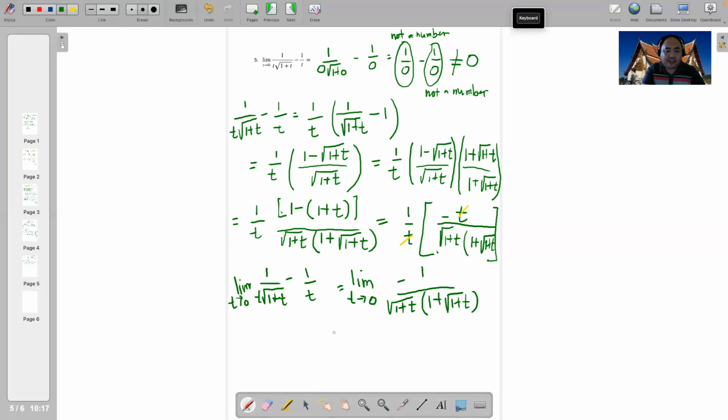And there you see, when we do substitution here, we get negative 1 all over square root of 1 times 1 plus square root of 1, and we get negative 1 half.